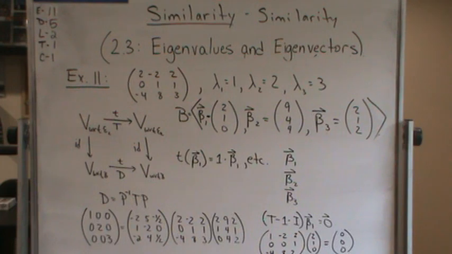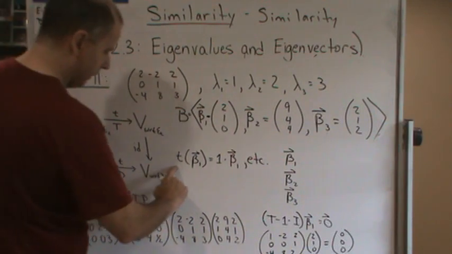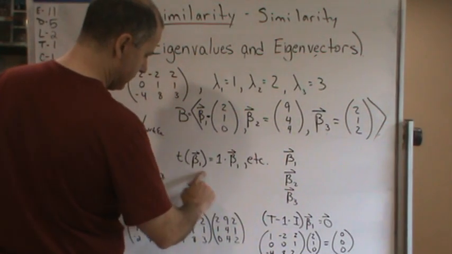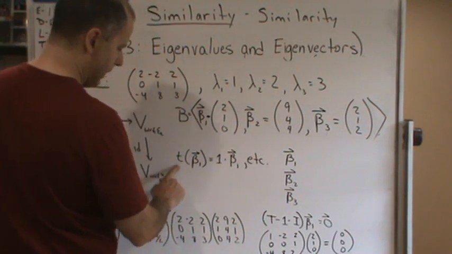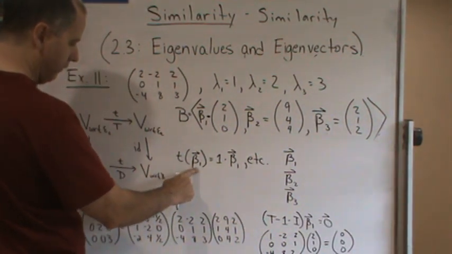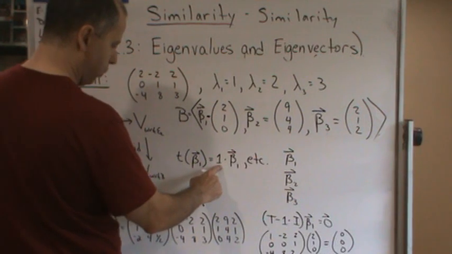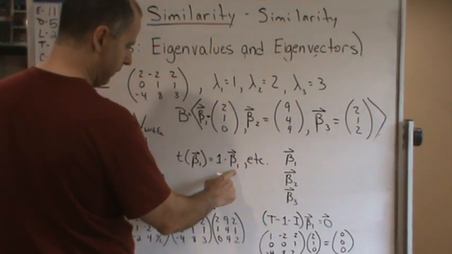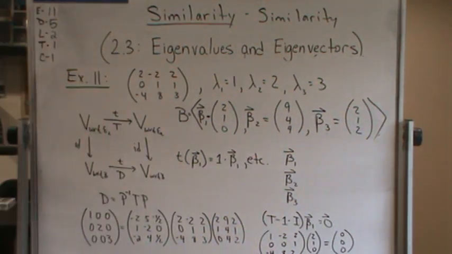Now the bottom line of the diagram has this. It takes T of beta 1 and equals 1 times the beta 1 vector, etc. And so the action on the basis is going to be this.